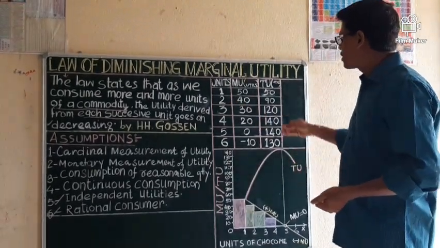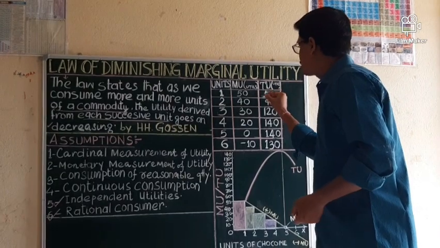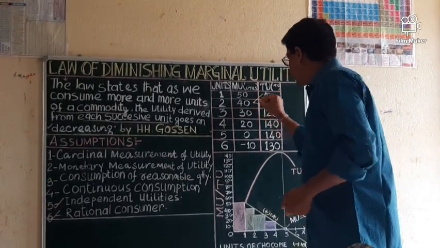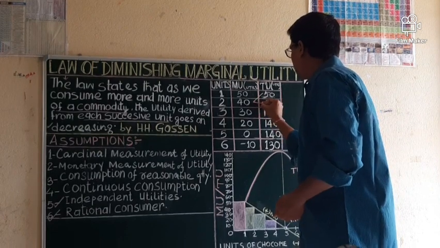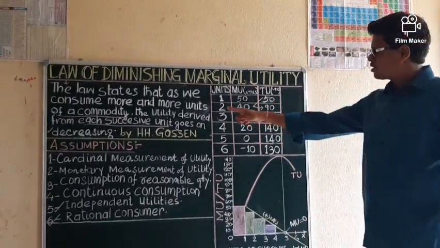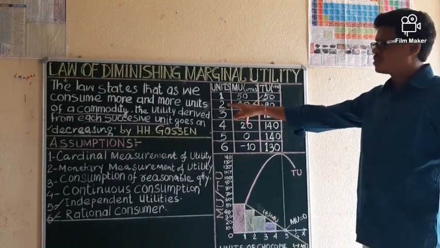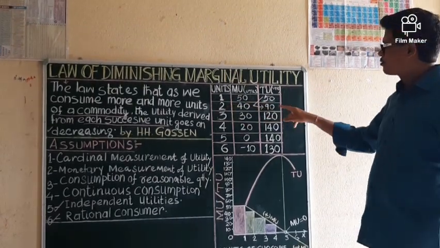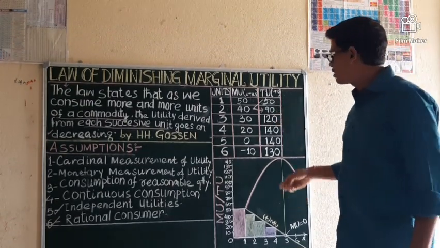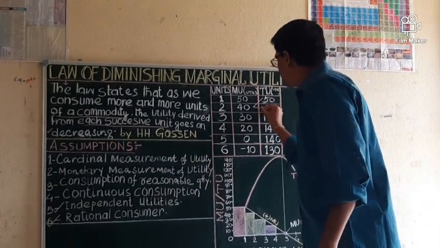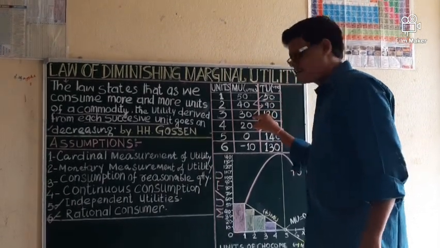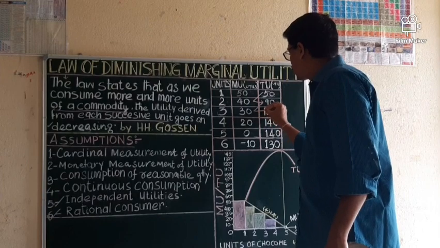Hence our total utility is 50 plus 40 equal to 90. So at the end of consuming 2 units of Lotto Choco Pie, our total utility is 90. Now we are going for the third unit of Lotto Choco Pie. Now 90 plus 30, we are coming to 120.